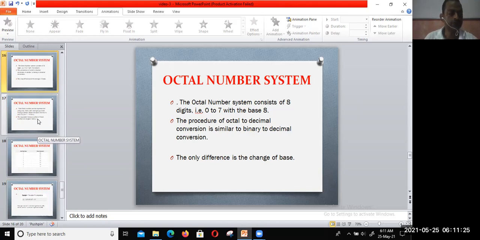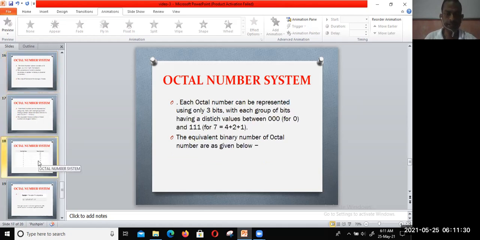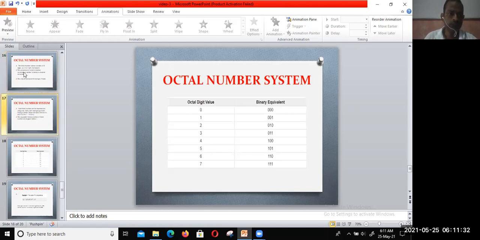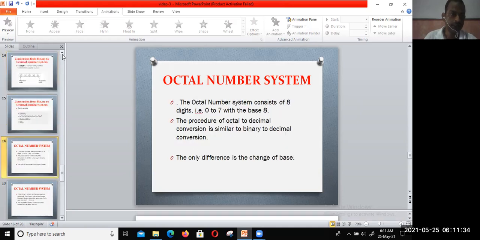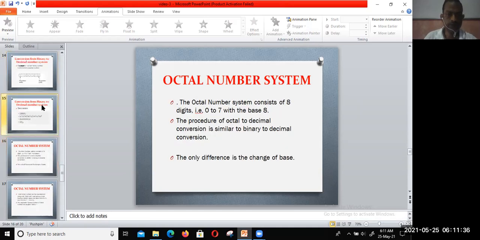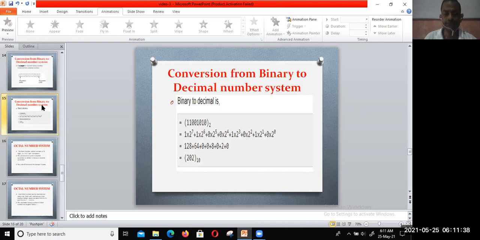First of all, take an example, the binary number 1100101 with base 2, because it is a binary number, and it uses 0 and 1.